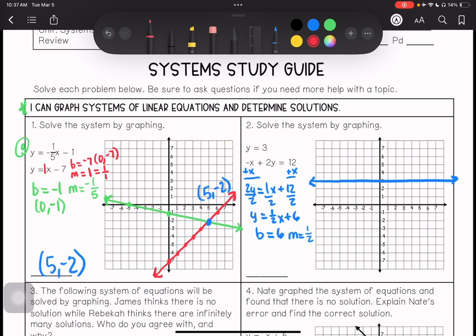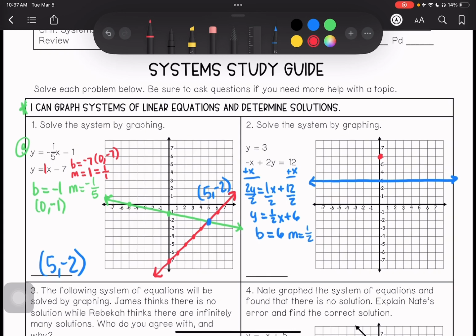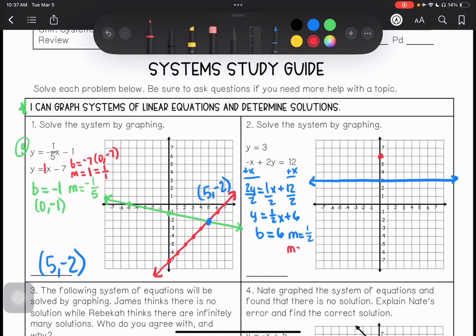So I'm going to graph that in red. My y-intercept is 6. And because I have a positive slope, I'm not going to rise, because I see that the point of intersection I'm trying to find is below the y-intercept. So I'm going to use my slope as negative over negative, which would make that a positive 1/2 as well.